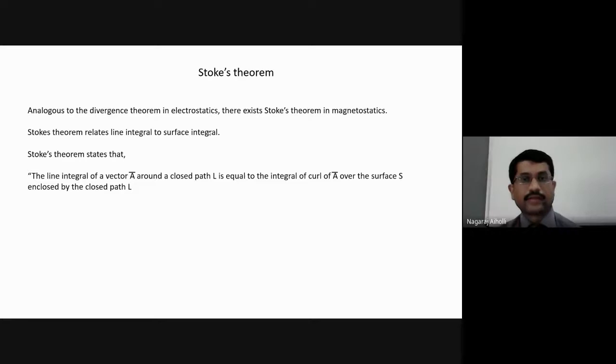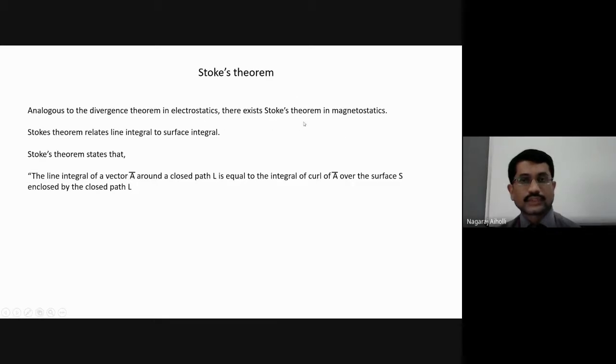Correct, exactly, very good. So the closed surface integral of the electric flux density with respect to surface is equal to the volume integral of the divergence of the electric flux density with respect to the volume. This is the divergence theorem in electrostatics.